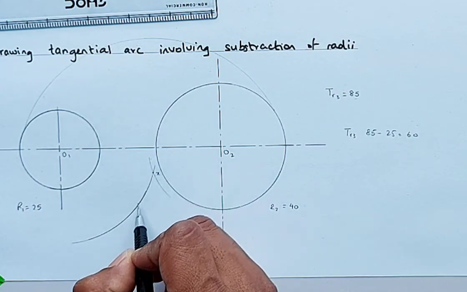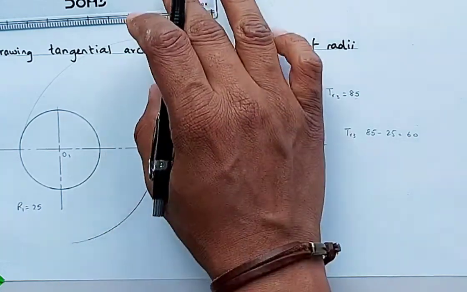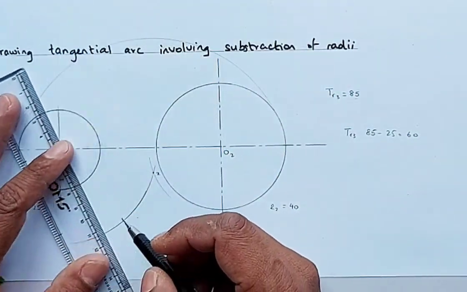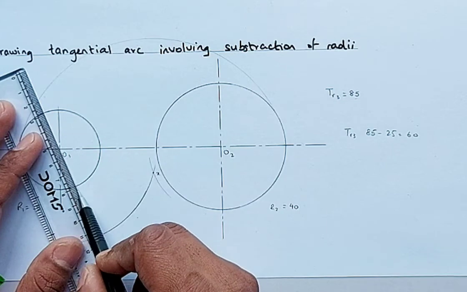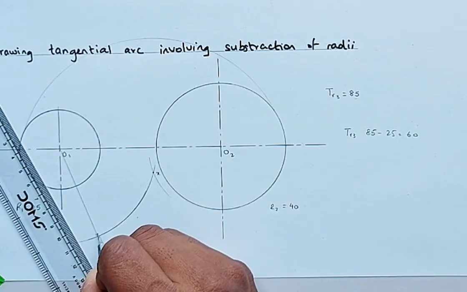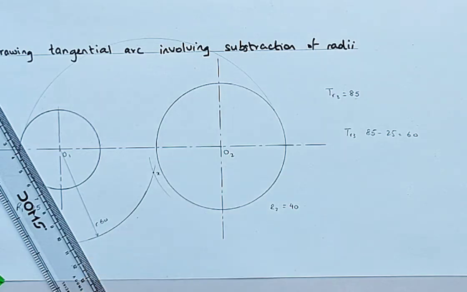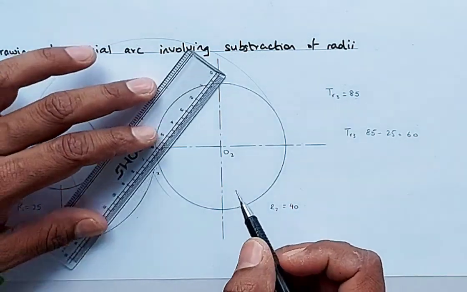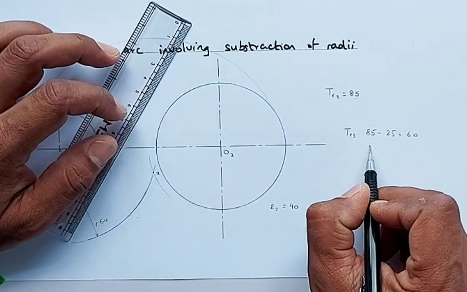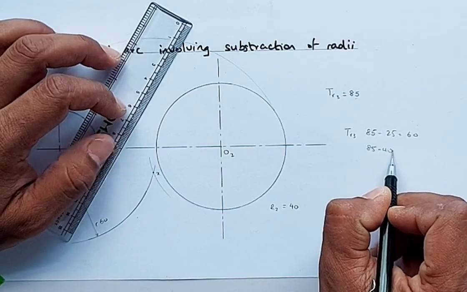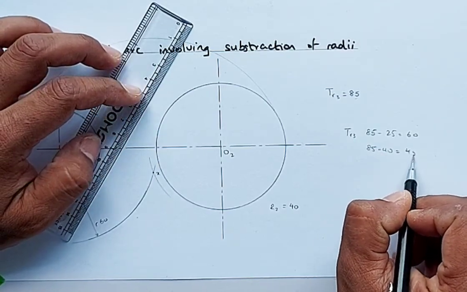So this is the radius of 60. I draw it. And then again we have the second one, where we subtracted and got 45.